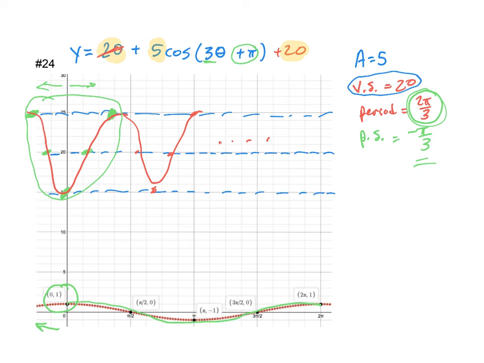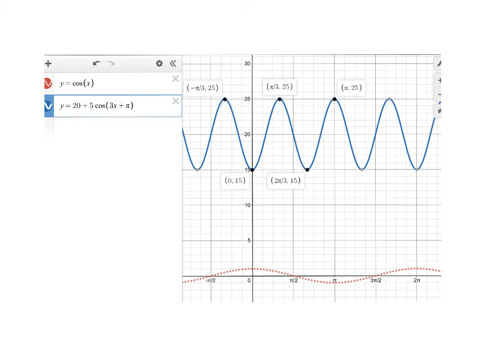I'm just going to run through Desmos and show you that we've got it, okay? So I went ahead and I did graph the original cosine function just as a reference, just like I had in the sheet that I gave you. Here it is down here. And then here's that graph that we just drew.